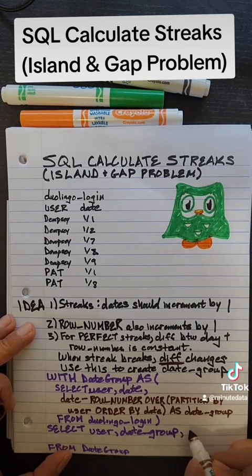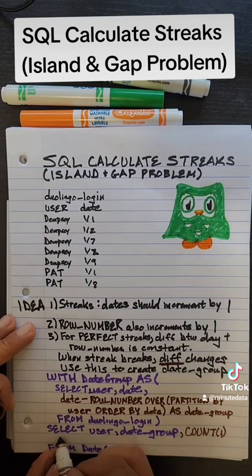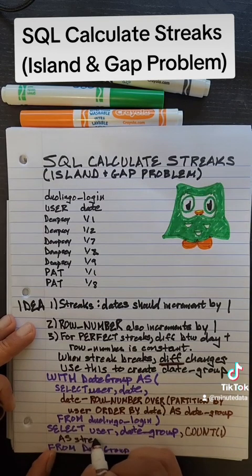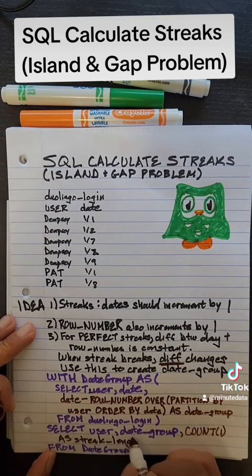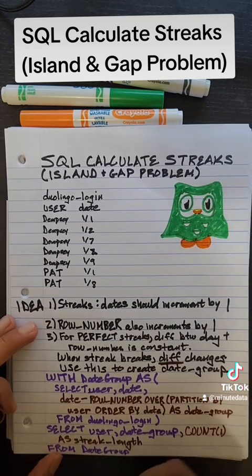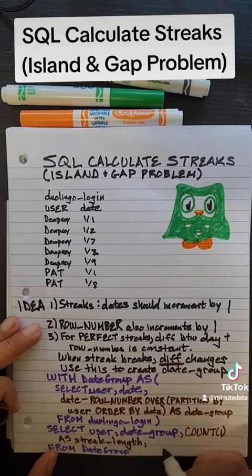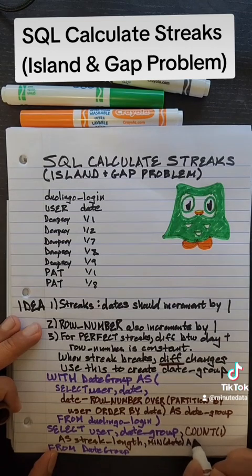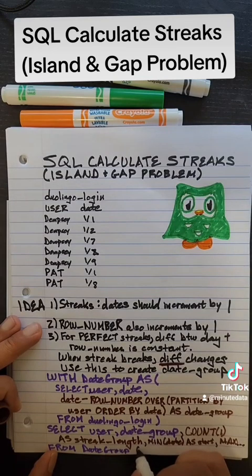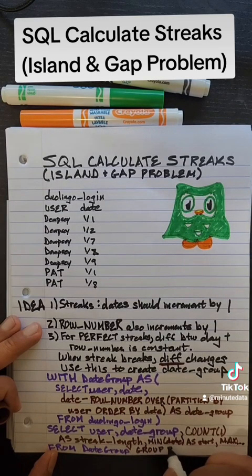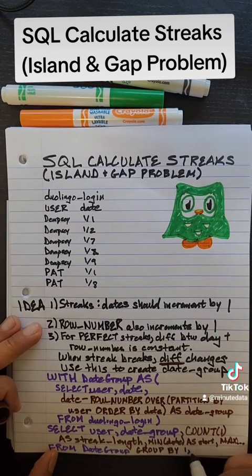So we can say count 1 as streak length. And then other useful information might be the start of the streak and the end of the streak. So min date as start, and then you can do max date as the end. Then we have a group by user and date group, so first and second.